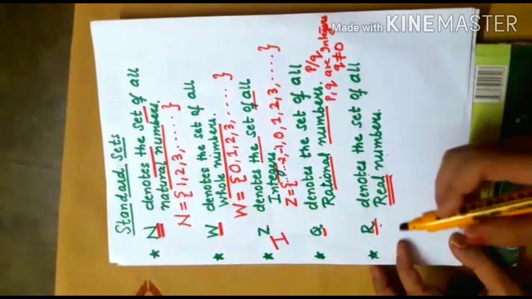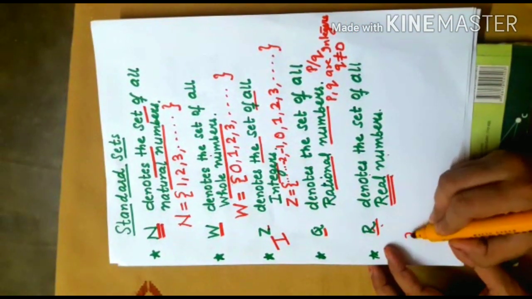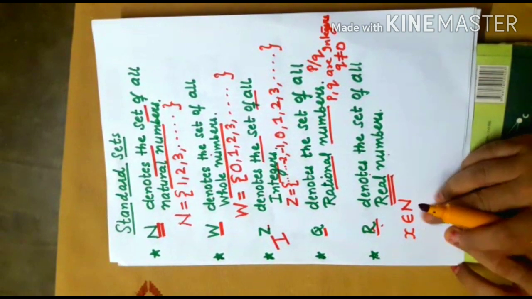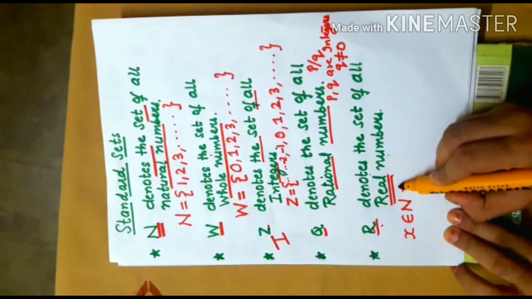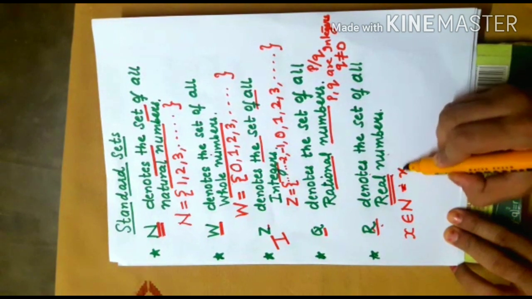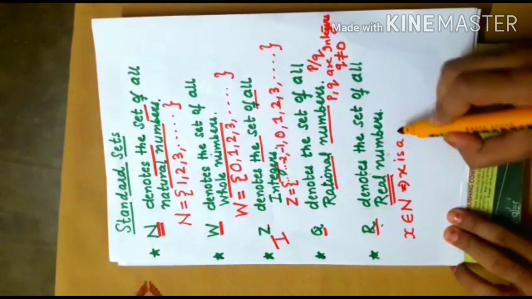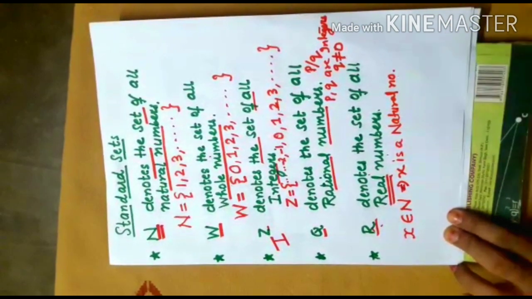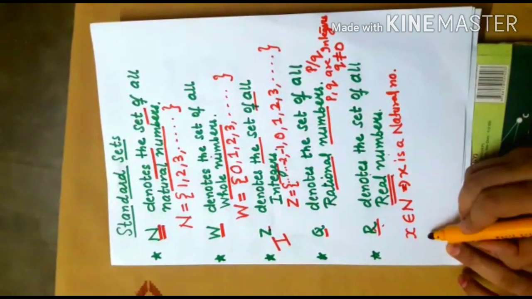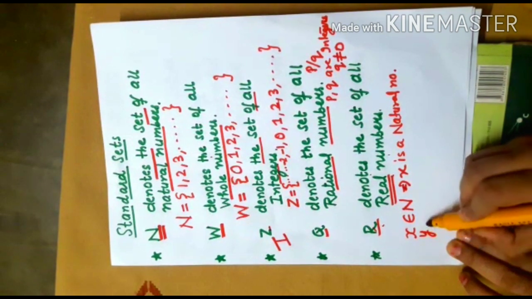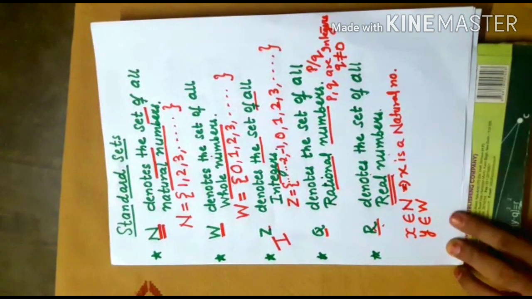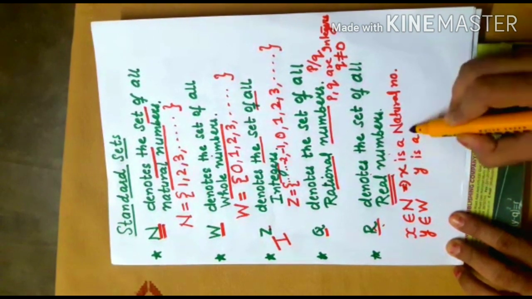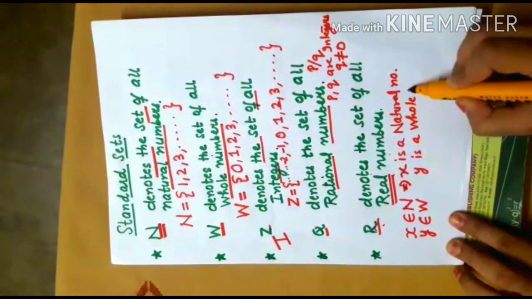So that means if I say x belongs to N, this means that x is a natural number. If we write y belongs to W, this means that y is a whole number.